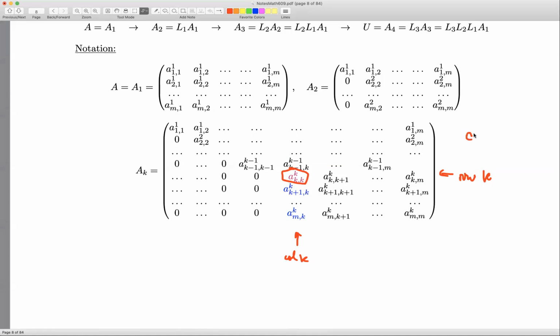So if it happens that the element A_KK is equal to 0, then we would like to exchange the Kth row with some of the rows below, let's say with row I. Note that it is important to remember that the index I is always bigger than K because row I is below K. So I is among the numbers K plus 1 up to M, and therefore I is strictly bigger than K.